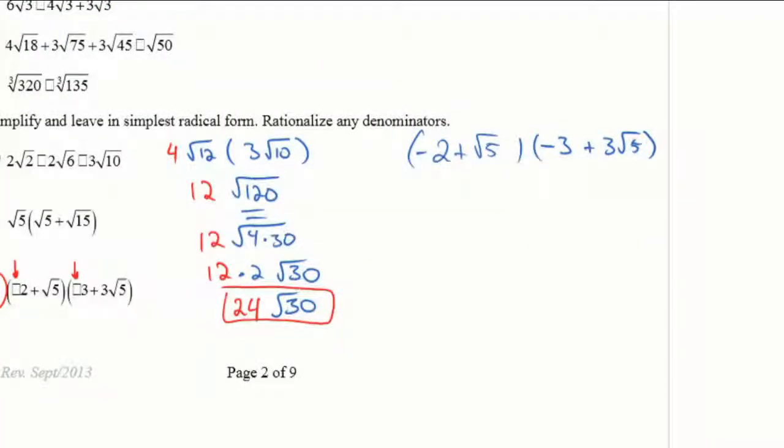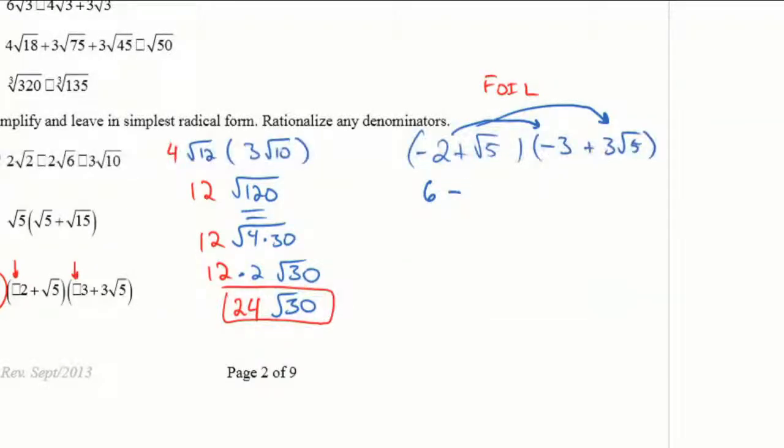All right, so this is a FOIL scenario where we have two terms in each. So we need to go first times first, outsides, insides, and then last. The first thing I'm going to do here is the negative 2 times the negative 3, and then the negative 2 times the 3 root 5. So I'm going to get positive 6.